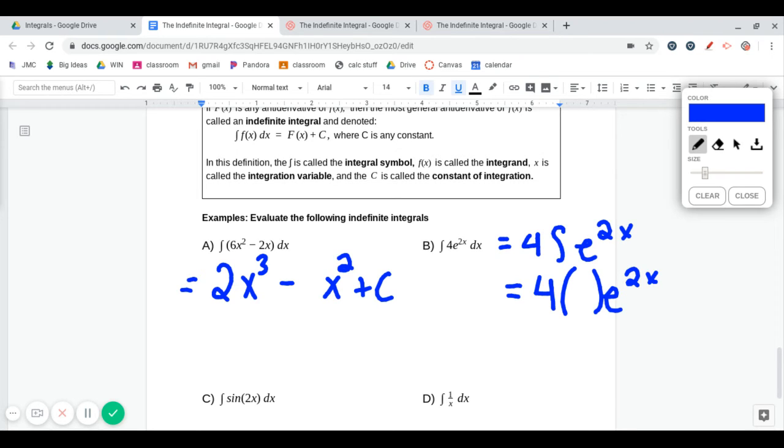But the chain rule says if I take the derivative of e to the 2x, I'm going to end up multiplying by a 2 next to it, which means that to counter that, I'm going to have to multiply by 1/2.